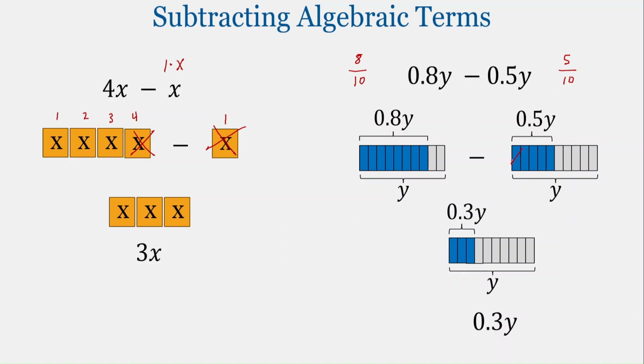So we take 1 and cross it out. 2, cross it out. 3, cross it out. 4, and 5. And that leaves us with 3 shaded regions remaining within y. And that's 3/10, or 3/10 y.